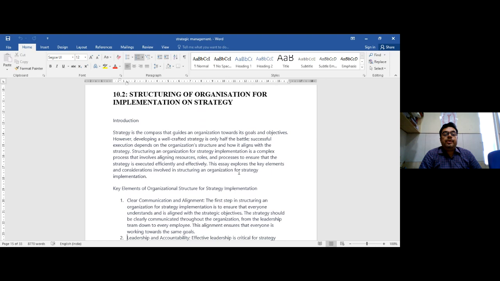Now, what are the ways in which an organization's structuring can be made complete?